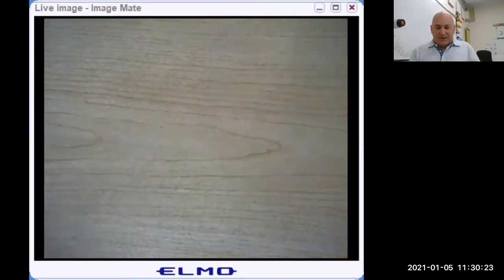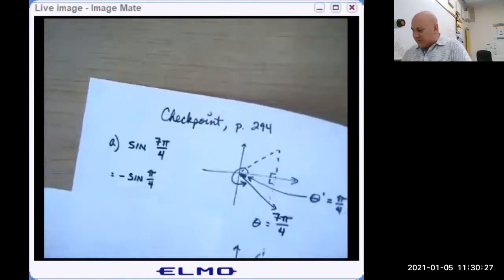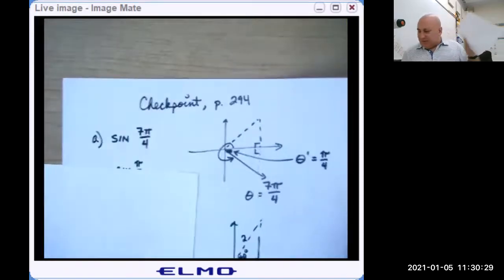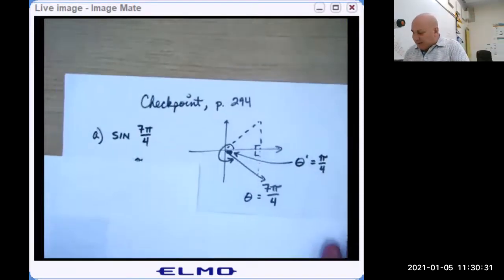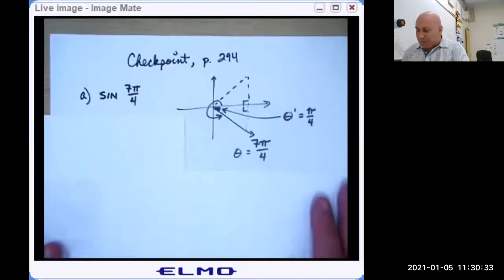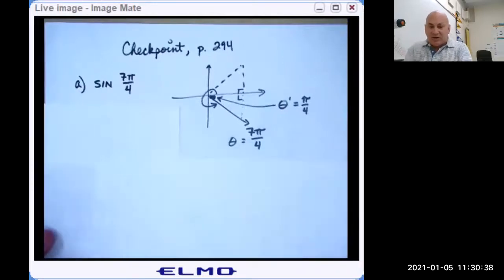Using the book that we're using at the time I make this video, there's a checkpoint problem on page 294. That problem said, find the sine of 7 pi over 4 expressed as a function of a first quadrant angle.